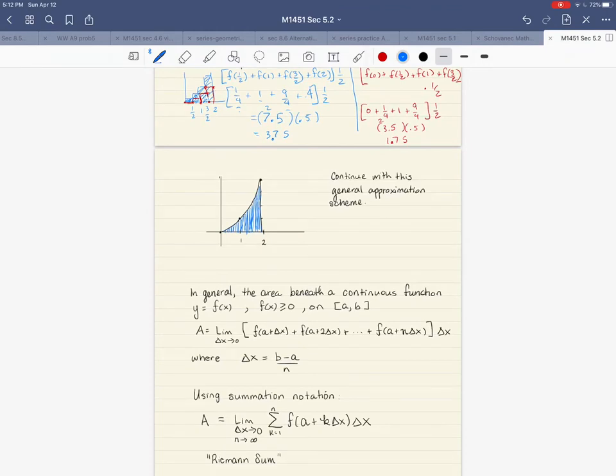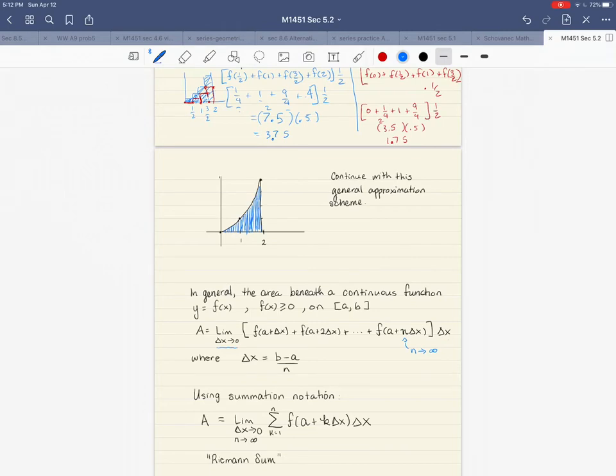So in general, if you want to find the area beneath a continuous function, instead of doing this forever, we use a limit. We take these little widths to get smaller and smaller and smaller. And as we do that, the number of rectangles is going to go to infinity.